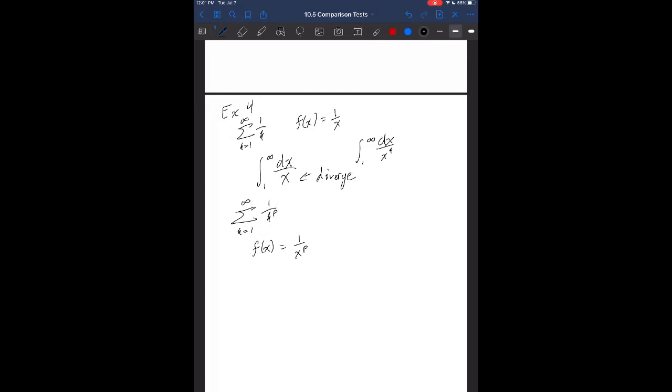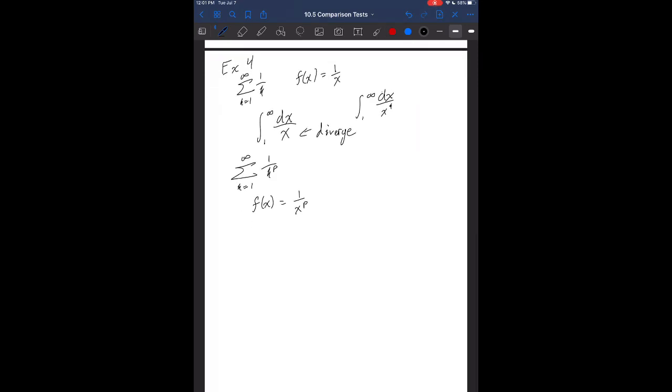If our p is negative, this is going to go off to infinity, and so it will clearly diverge. But in the case where p is a positive number, we can use this f of x. And then we know that the integral from 1 to infinity of dx over x to the p converges if my p is greater than 1 and diverges if p is less than or equal to 1.